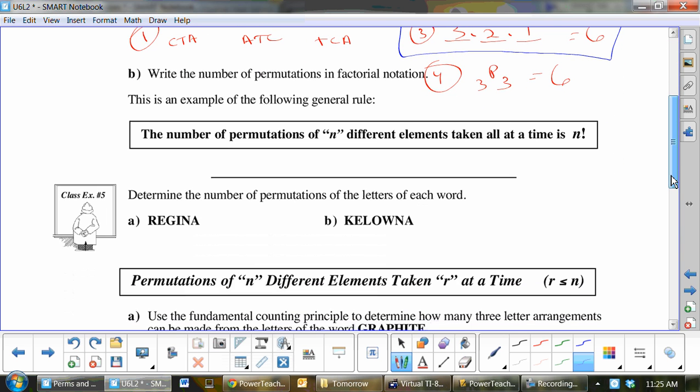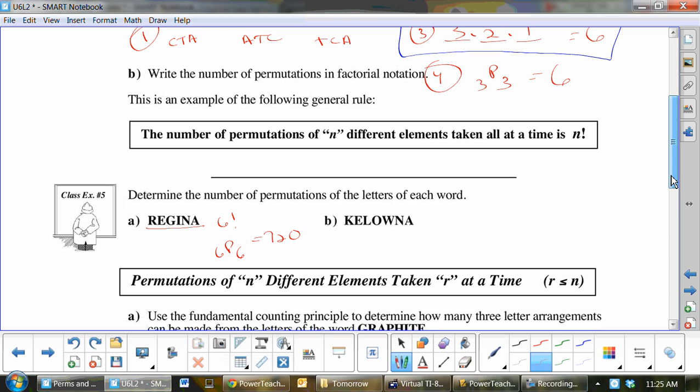Now, if I was to take all of these letters in the word and see how many groups I could get, this would be 6 factorial, or 6p6, which is 720.